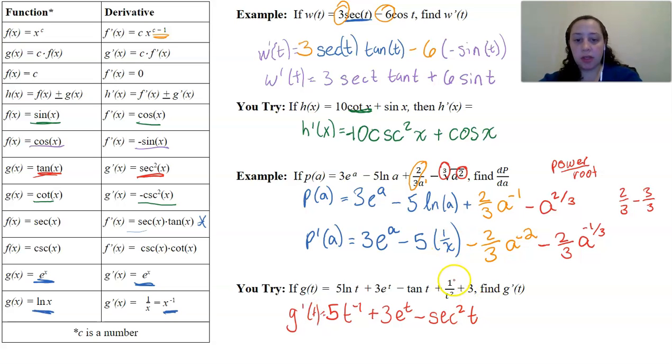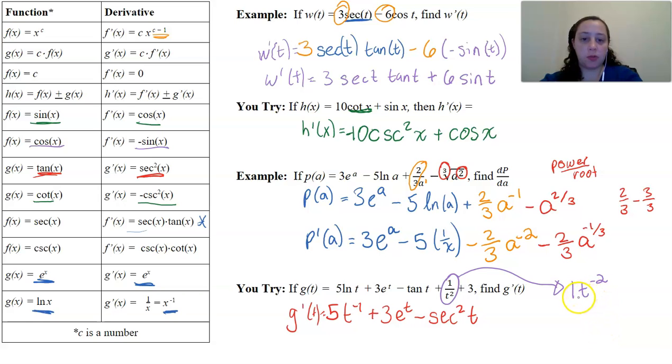And I'm noticing, oops, I didn't rewrite this term, so let me do this on the side. If I rewrite this, my exponent is 2, so I'm going to bring that up. 1 t to the negative 2, change the sign of the exponent. And that 1 just stays in front.